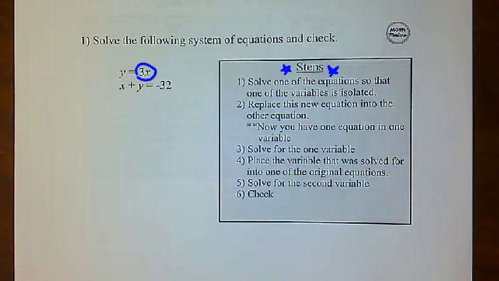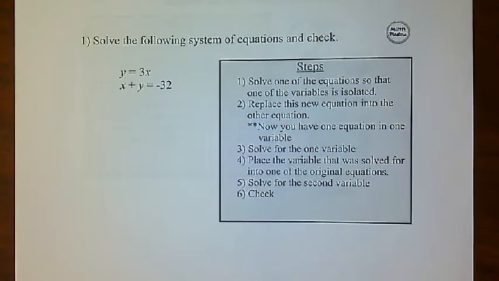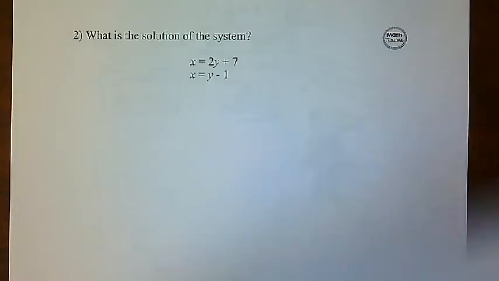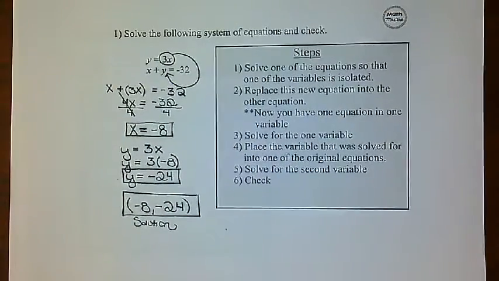So I'm going to take this and plug it in for the other variable. And remember, the reason for this is I need to get rid of one of the variables. I can only solve one variable at a time. So I need to get rid of whichever variable is easiest to get rid of. So if one is already isolated, use that one, which is exactly what I did.